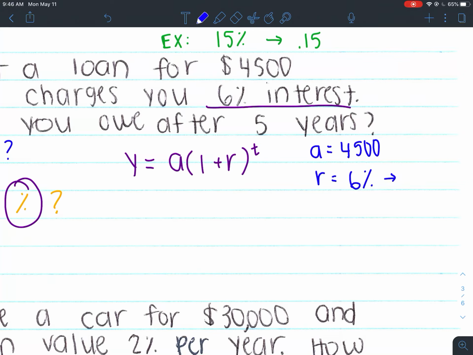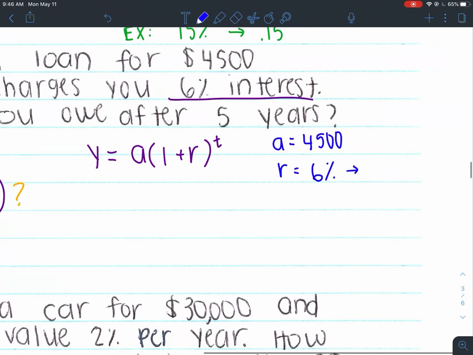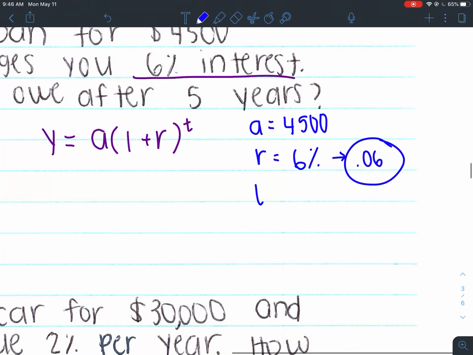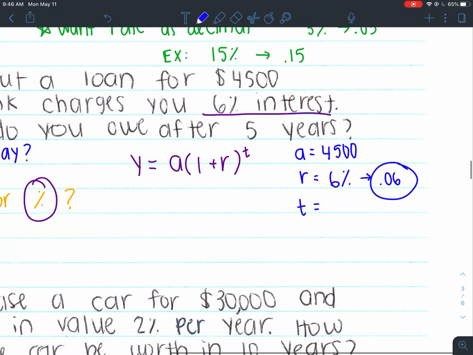But I don't want to write it as a percent, I want to write it as a decimal. Well, 6% as a decimal is 0.06, so that's the number that I want to use. Lastly, I want to identify the t. Well, the t here would be time, and what's the time? It says 5 years. Now, you don't have to worry about converting or anything like that. That's not a big deal for these types of problems.